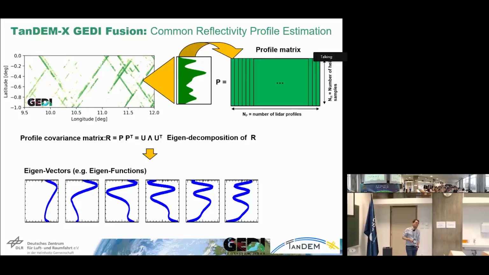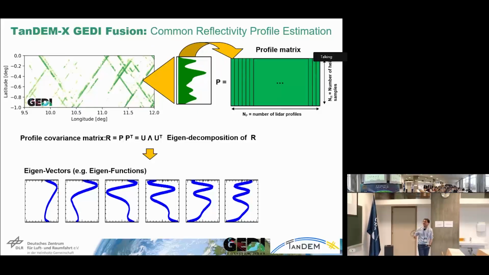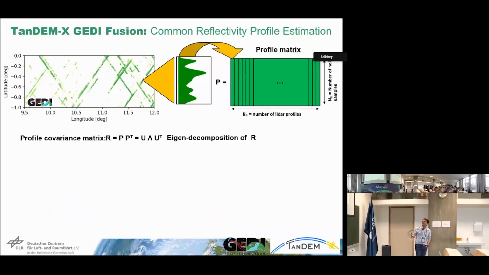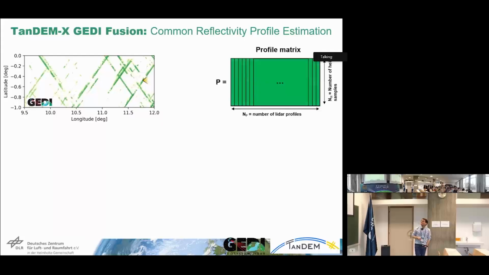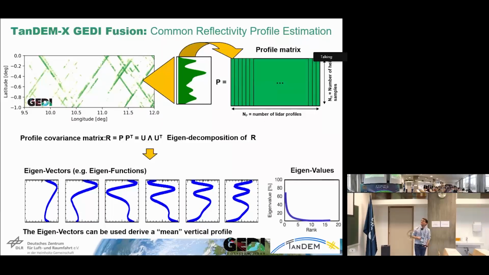We call it a sort of mean profile, and then to this mean profile you can add more and more components, and become more and more accurate in getting the LiDAR profiles. Here we don't care, we just take the first one, and with this we parameterize this relationship. And therefore we define a relationship that tells you how the coherence changes as a function of height for a certain baseline, of course.